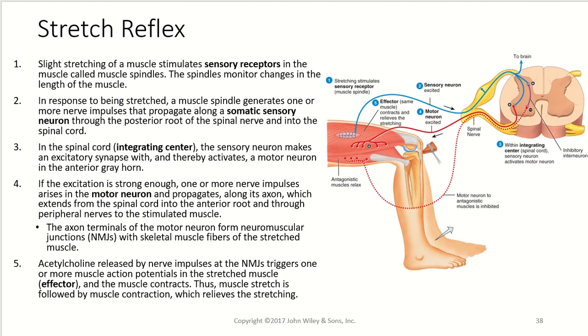And then the last thing that's going to happen is that acetylcholine is going to be released by nerve impulses at that neuromuscular junction. And this is going to trigger one or more action potentials in that stretched muscle, which is the effector, and the muscle is going to contract. Therefore, muscle stretch is going to be followed by a muscle contraction, which is going to relieve that stretch.